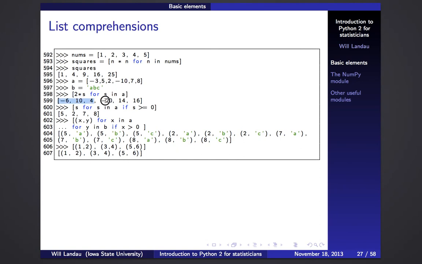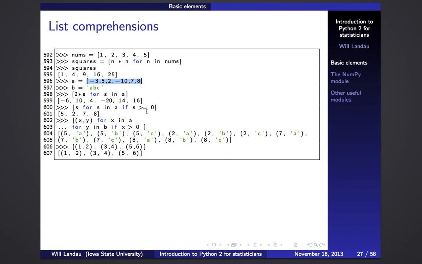So if I have a list called A, A is this list here.